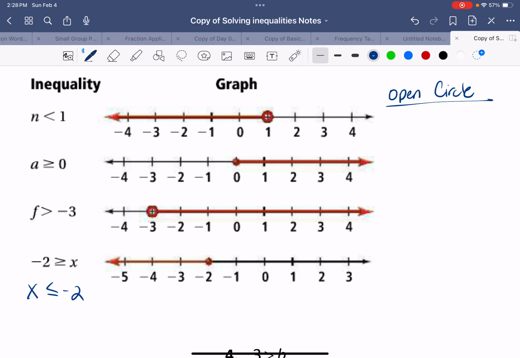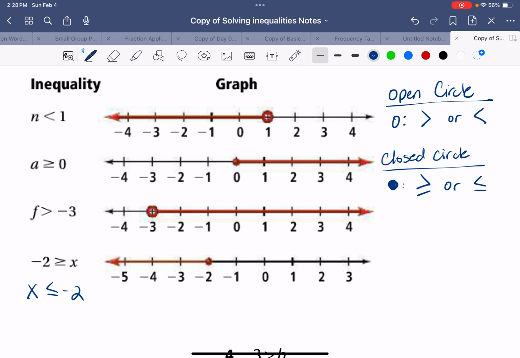Open circles is when you have greater than or less than inequality signs only, okay? A closed circle is going to be greater than or equal to or less than or equal to.